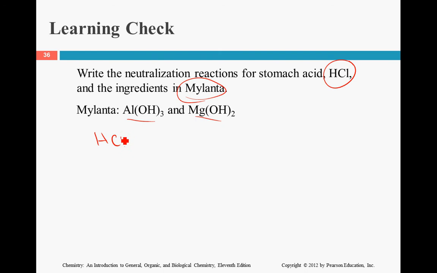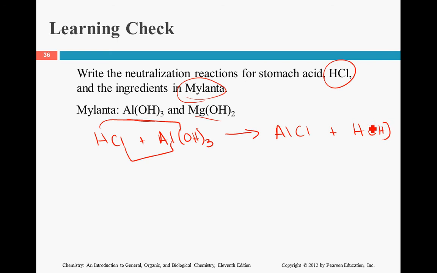So HCl with Al(OH)3, the insides come together and the outsides come together. Al and Cl are together, and HOH are together. Now if I look at the periodic table, I find that Al is right here. It has a +3.